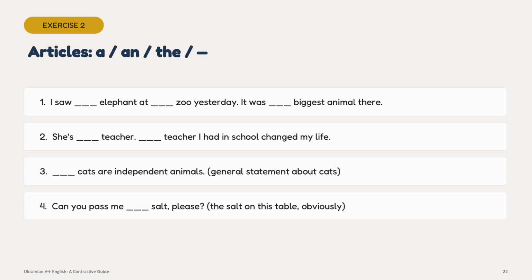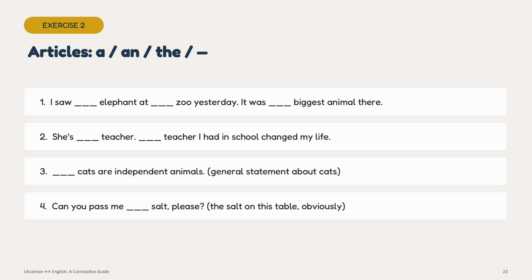Okay. It could be the other way around, though, to be honest. You could say, she's the teacher. A teacher I had in school changed my life. If you're talking about two different people, you know the context. If you don't know the context, the other way around would make more sense. Correct.